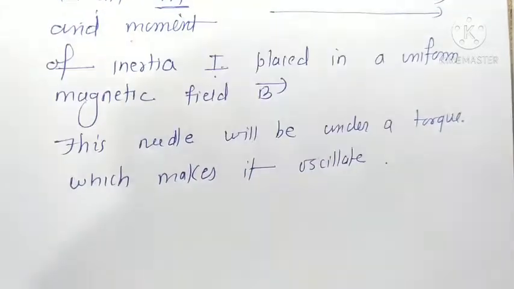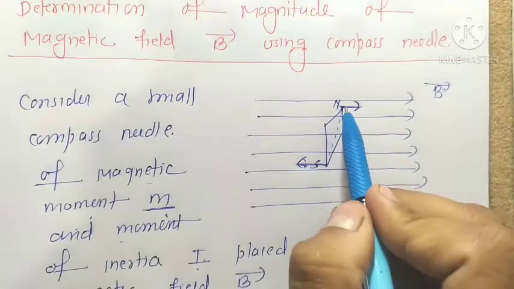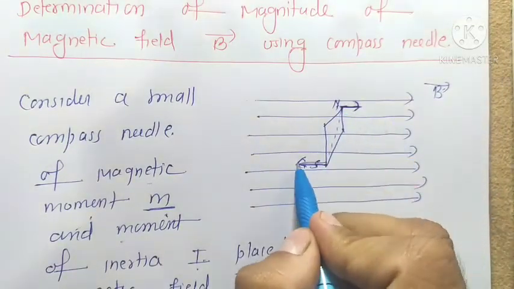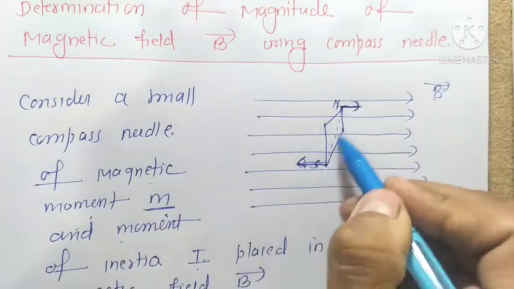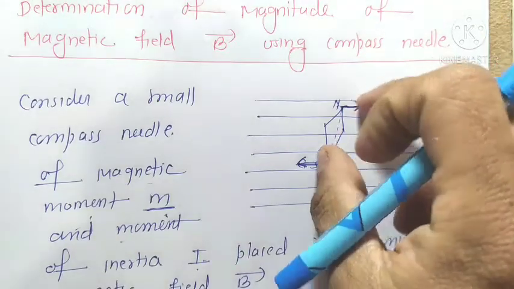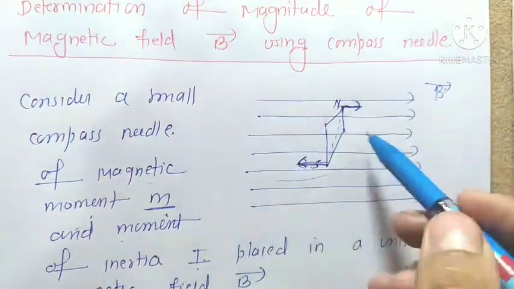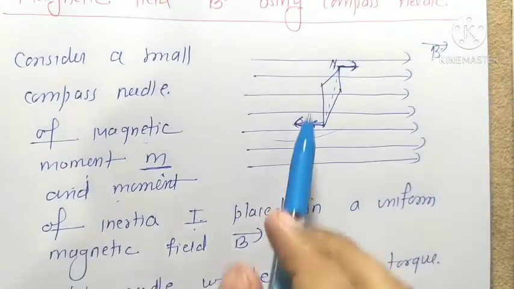One force works in this direction and one force works opposite to the direction of the magnetic field. Both have the same magnitude but opposite direction, due to which this needle rotates in this magnetic field. This is the torque produced here.